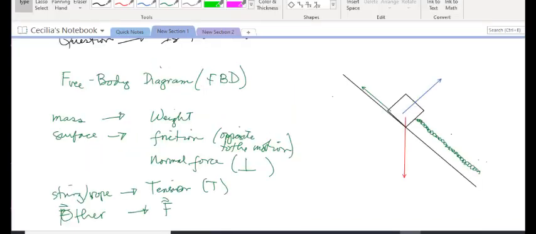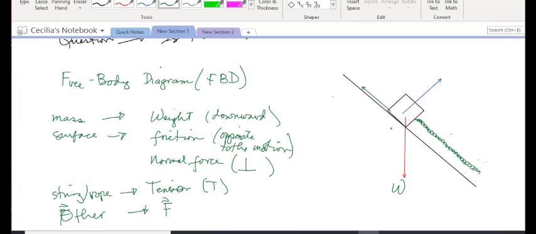Example. Consider this illustration. If we have this box sliding on an inclined plane, let's label the forces. There is mass M. Of course, gravity will act on it, so we have the weight force, which is always downward.